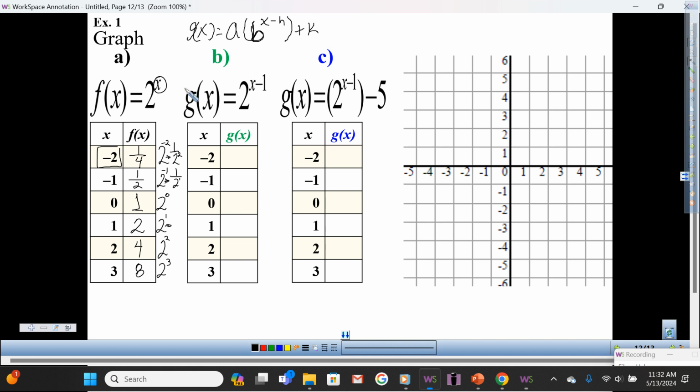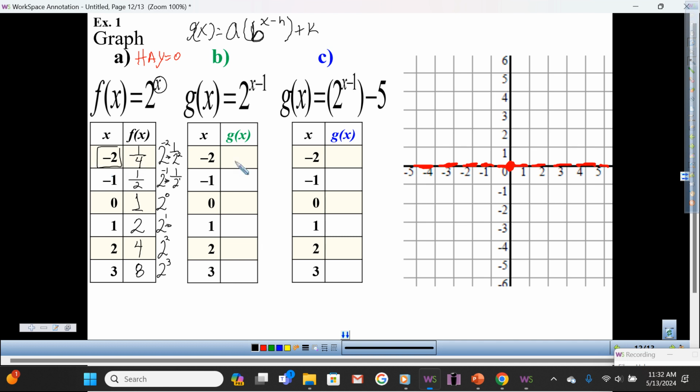We have an x. Question, do we have a k? Tell your neighbor, do we have a k for this one? No, so that means our HA is y equals 0. So let's start with that. 0. And let's get our HA. There it is.